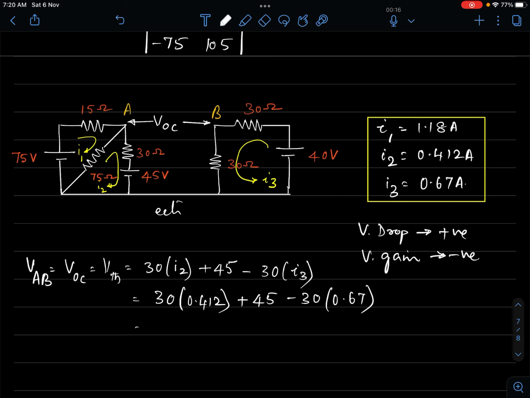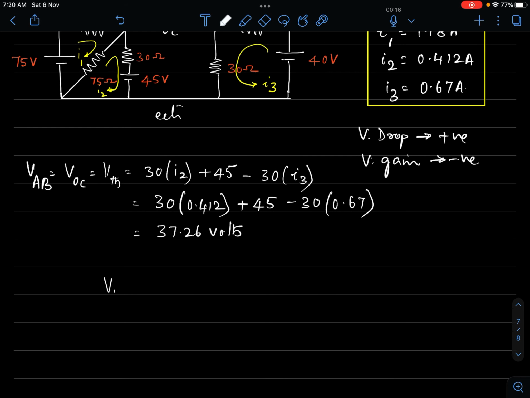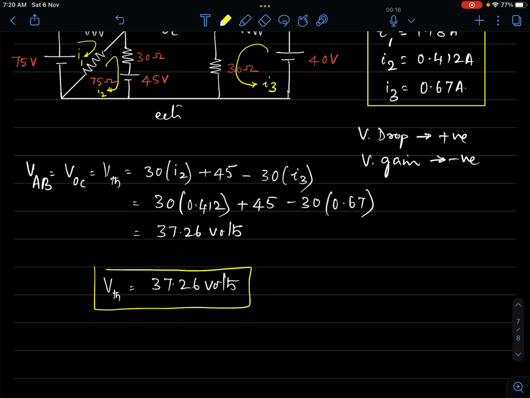If I simplify this, I will get 37.26 volts. This is my open circuit voltage. So the Thevenin's voltage is now 37.26 volts, and we are able to get it.